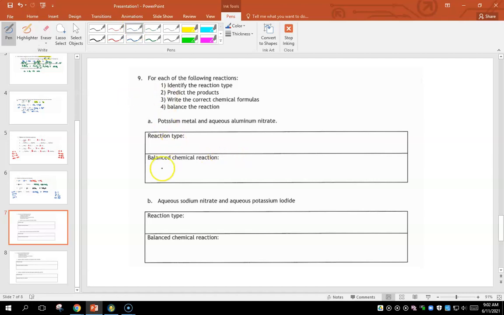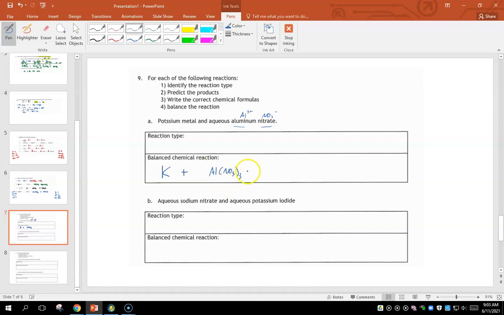First one, we got potassium metal. So I'm just going to go ahead and write my reactants first down here where it says balanced chemical equation. So potassium metal looks like that. And we're going to add that to aqueous aluminum nitrate. So this is Al, that's plus 3, nitrate, NO3 minus, which means it's going to look like this, Al(NO3)3.